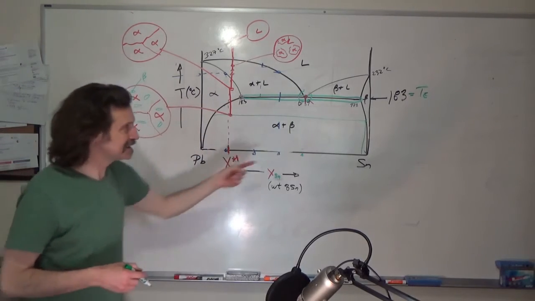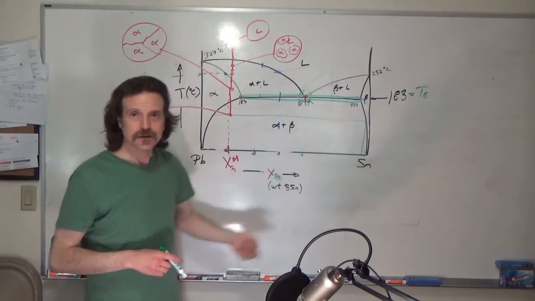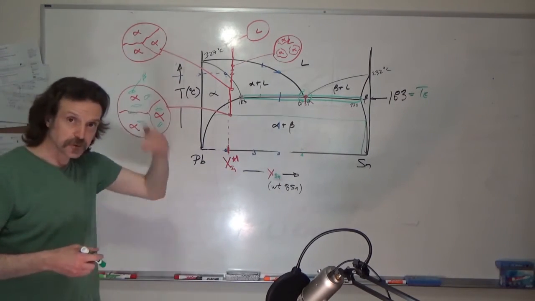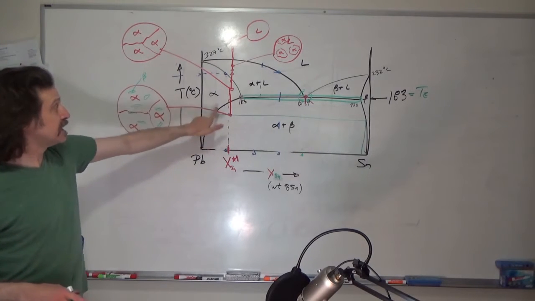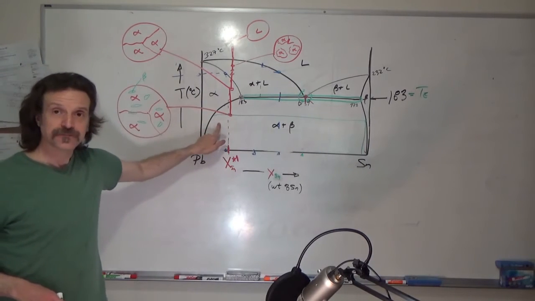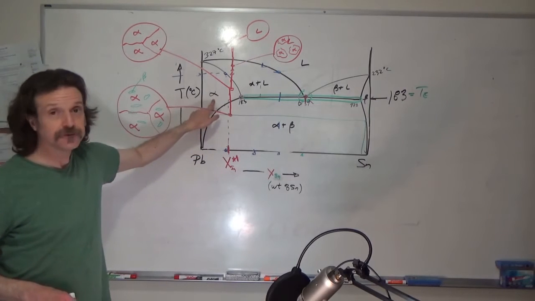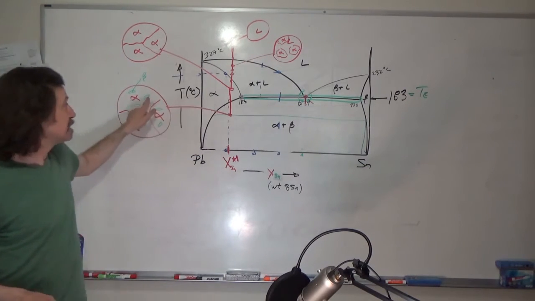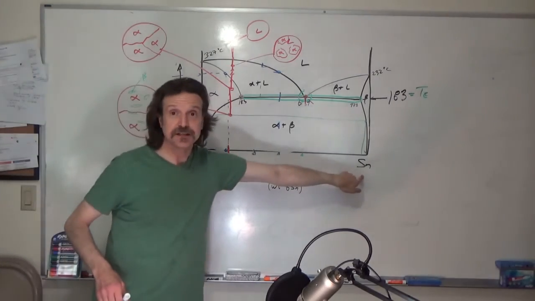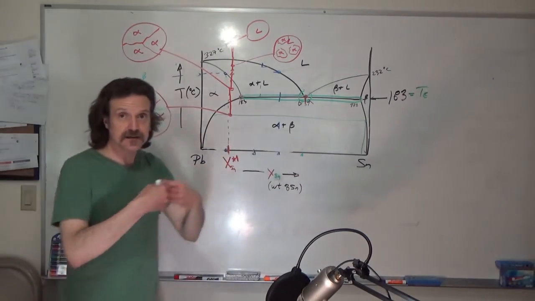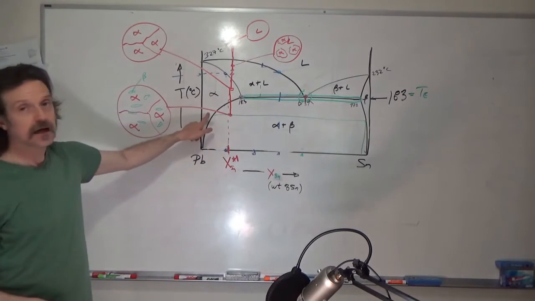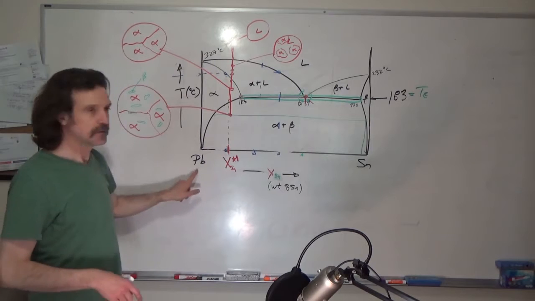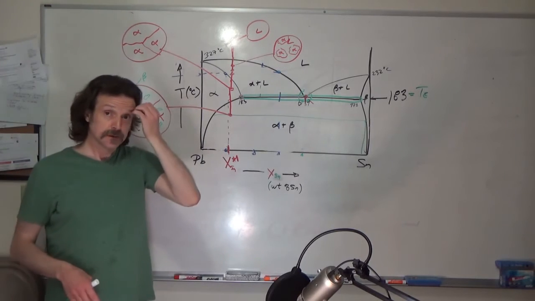And it's lead-rich because the tin is coming out. So again, this is something which is intuitive. What we're basically saying is that as we cool down, the solubility of tin in my alpha phase decreases. As a result, I get precipitates. The precipitates are rich in tin, and as the tin comes out, the alpha has to become poorer in tin or richer in lead.